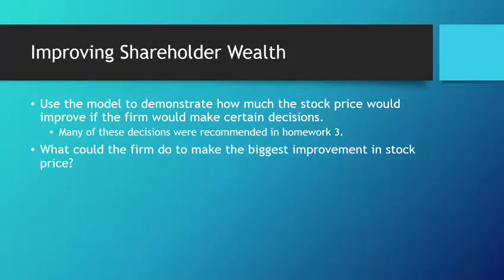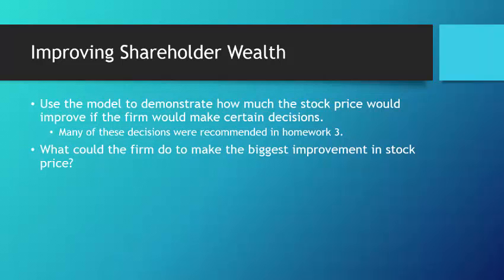So the question now remains, how can we improve the firm's stock price? And so what I'm asking us to do at this point, and this one is a little awkward, because I think if we got a better estimate of net free cash flow, you'd even see a larger change in the stock price.